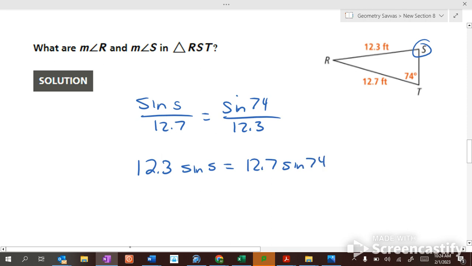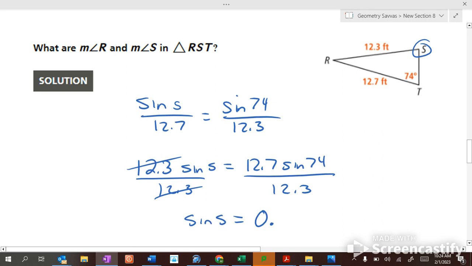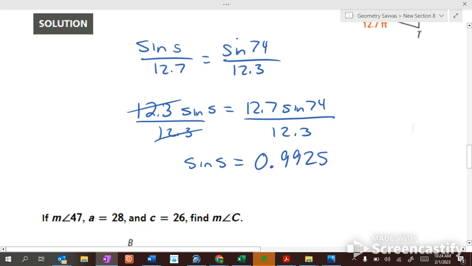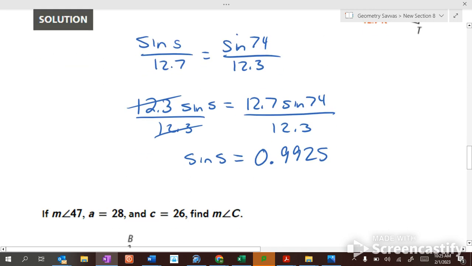Then I'm going to divide by 12.3, so these are going to cancel. So the sine of S equals 12.7 times the sine of 74, divided by 12.3, and you're going to get 0.9925.